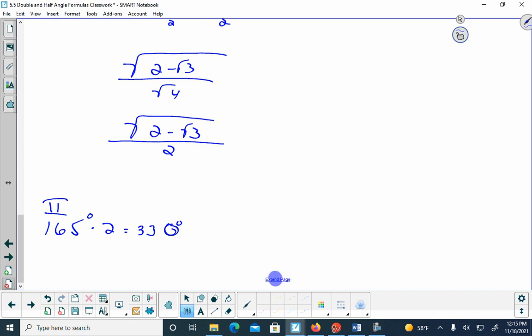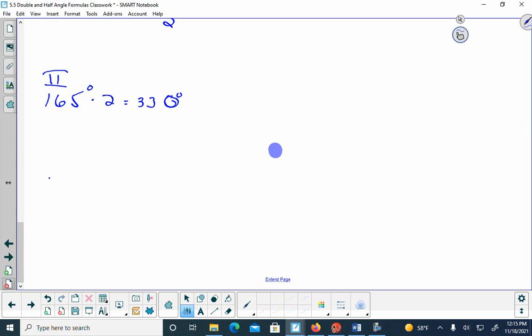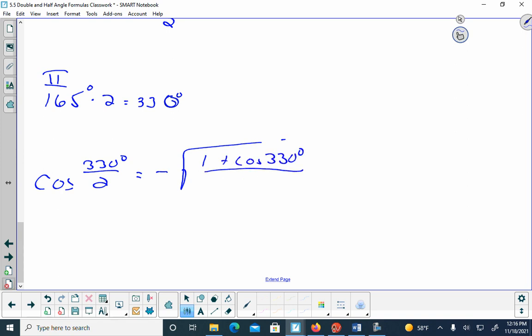So here, when I go to do the cosine, I'm going to do the cosine of 330 degrees over 2. That's that 165. I'm going to make it negative because I know that my cosine is negative in the second quadrant. So I'm going to have 1 plus the cosine of 330 degrees over 2.